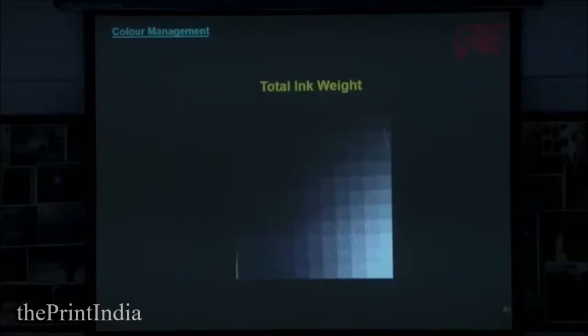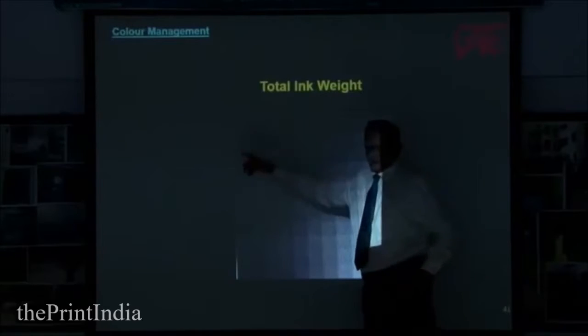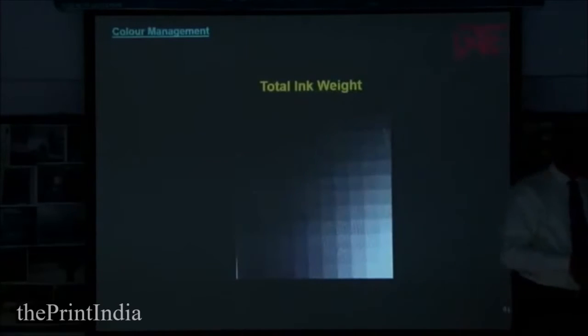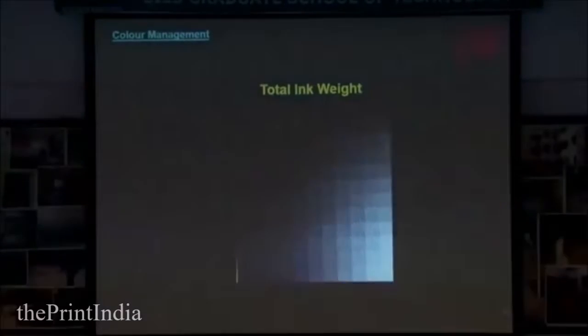So when you have that kind of deposit in the shadow area, you may not get the details when you go above a certain limit. So this area will get filled up. So the density at 80% and 100% may be the same. 100% may be a little bit less because of the trapping problem.